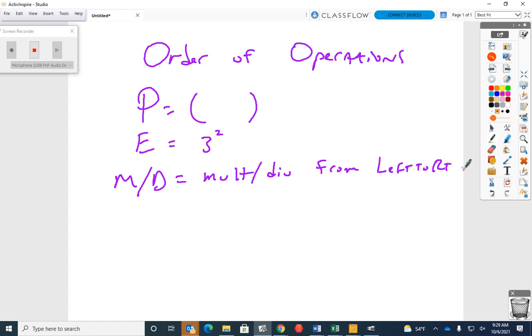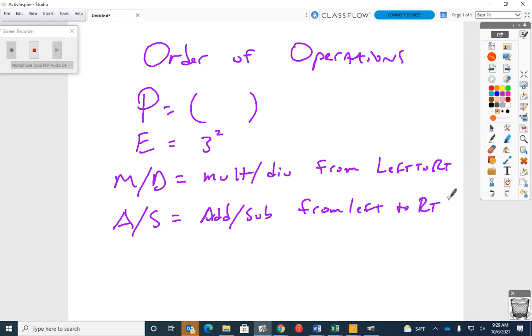And then the last two, I'm going to put addition and subtraction on the same level. Why? Is it the same rule? Yeah. Whatever I see first from left to right. So technically, could division come before multiplication? Yes, if I see it first from left to right. Agreed? So this is add and subtract from left to right. Everybody with me so far? You remember doing that before, right?